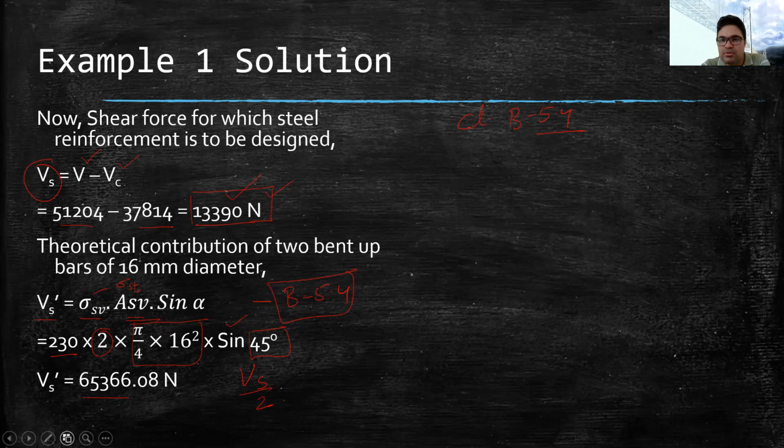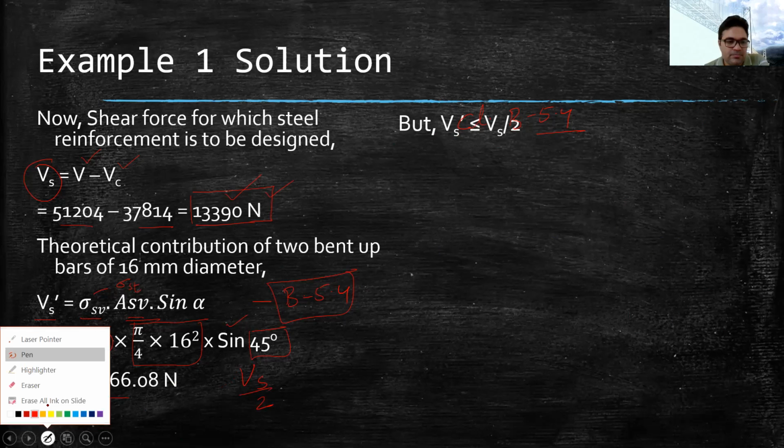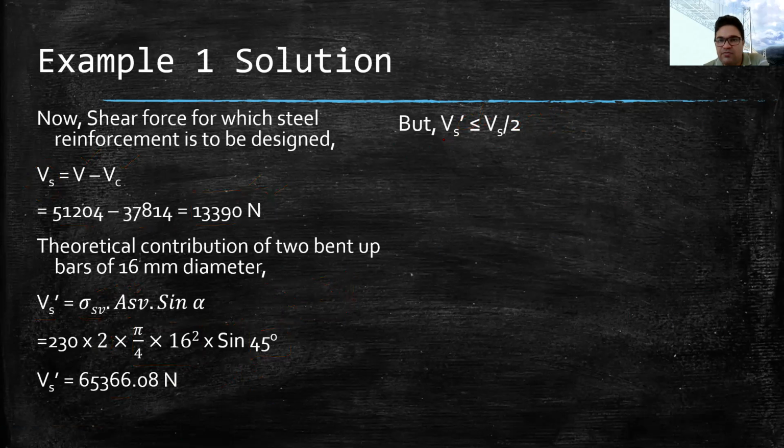So now I will write here Vs dash, which is the contribution of the bent up bar, should be less than or equal to half of the design shear force, this one. So only half of this value can be resisted by the bent up bar. The other half is to be designed for the vertical stirrups.